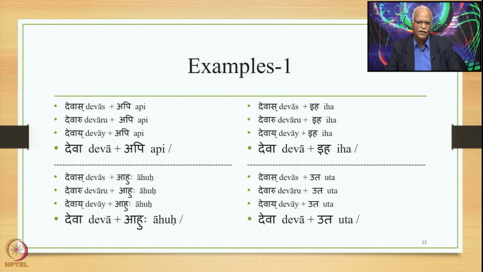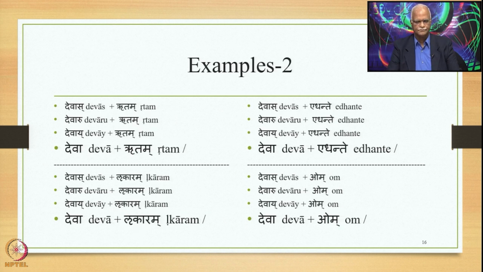So we get deva uta optionally. Similarly, deva ritam. Devas plus ritam is the basic input. Sa is substituted by ru is substituted by ya, and then finally this ya gets deleted and you get the form deva ritam optionally.